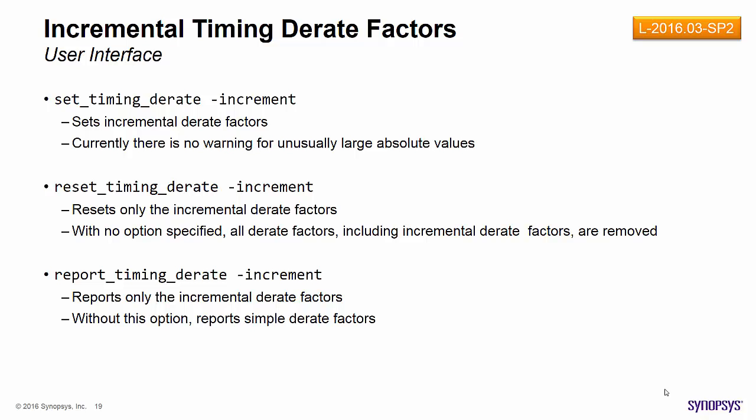With no option specified, all derate factors, including incremental derate factors, are removed. report_timing_derate -increment will report only the incremental derate factors. Without this option, it reports simple derate factors.